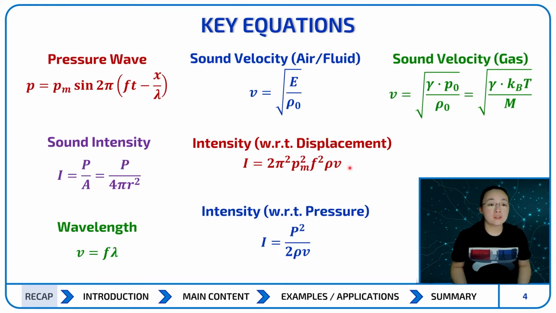So in that case, you might want to use the intensity equation with respect to pressure displacement. There's also another intensity equation with respect to just pressure. So you can use P squared over 2 rho V as well. Another equation that's very useful to remember is just the wavelength equation. So that's V equals frequency times wavelength.